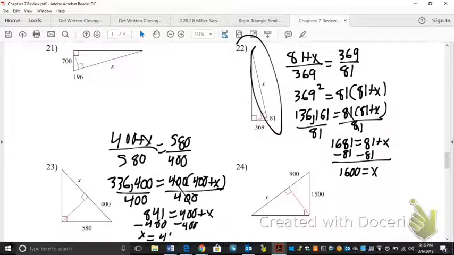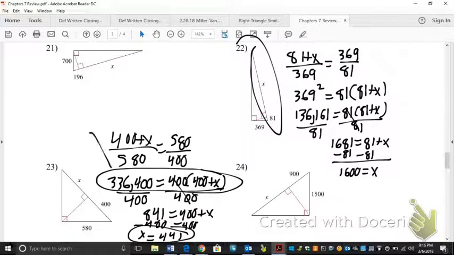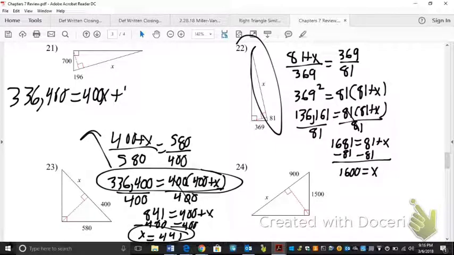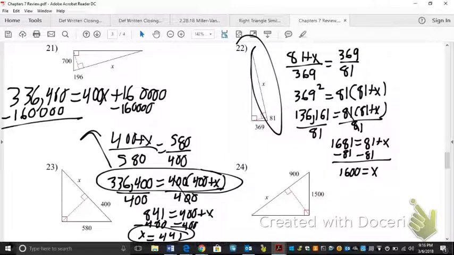Now I'm going to go ahead and do it the other way just to show you that it can be done and that you'll get the same answer. So now, instead of dividing by 400 right away, I'm going to distribute that 400. So I get 400x plus 160,000. That's 400 times 400. I'm sorry, 160,000. Subtract 160,000 from both sides, and I'm going to get 176,400.